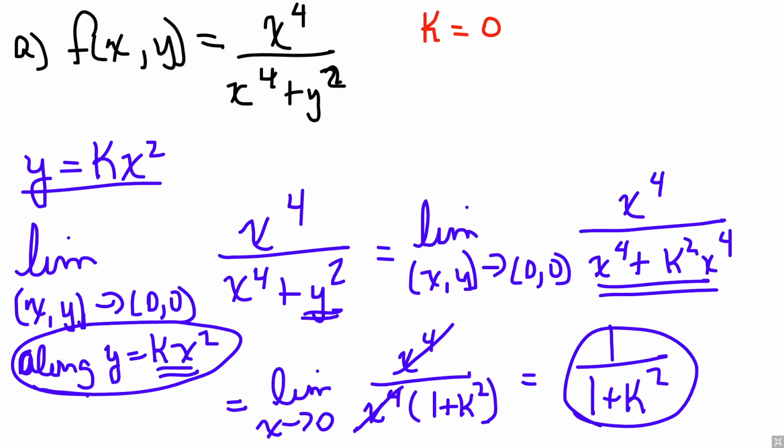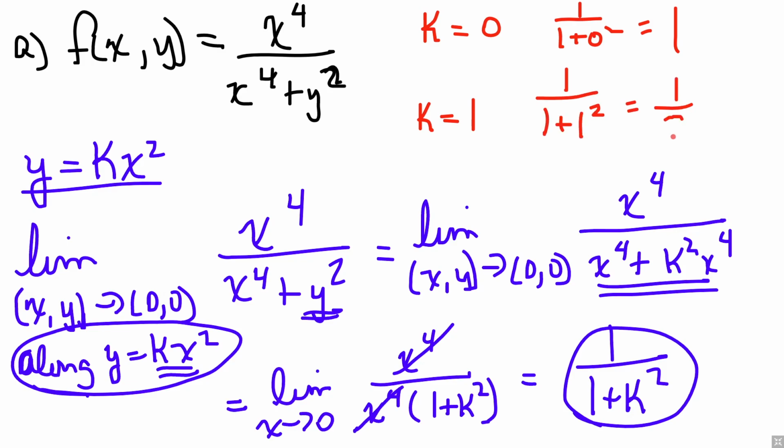If k is 0, I get 1 over 1 plus 0 squared, and I get 1. But what happens if I choose a different value for k? Suppose k is 1. I'm going to get 1 over 1 plus 1 squared, or 1 half.